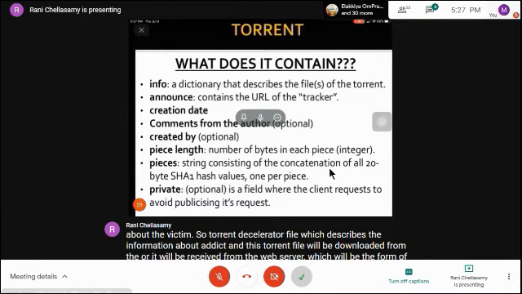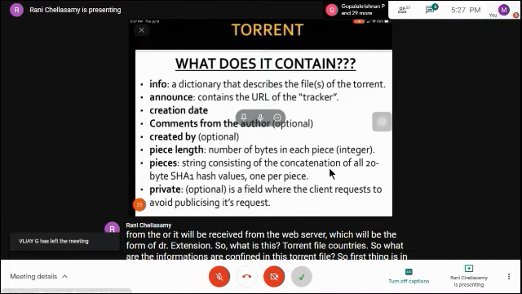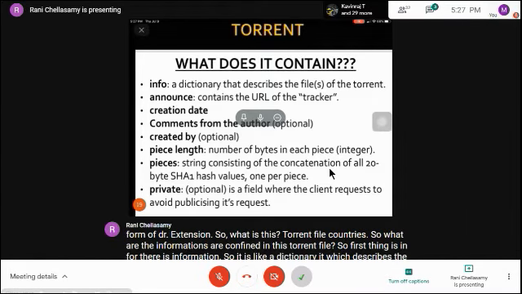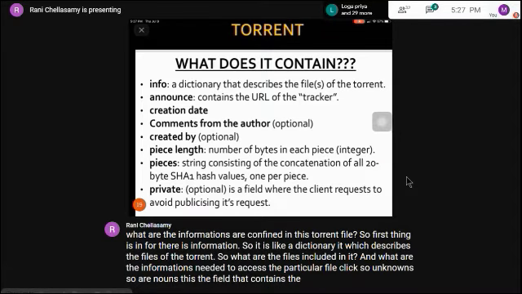So the first thing is info, that is, information. It is like a dictionary which describes the files of the torrent: what files are included in it, and what information is needed to access that particular file. Okay, so announce. Announce is the field that contains the URL of the tracker.